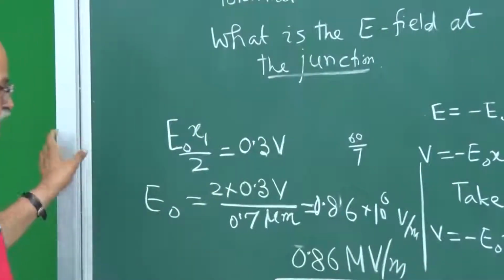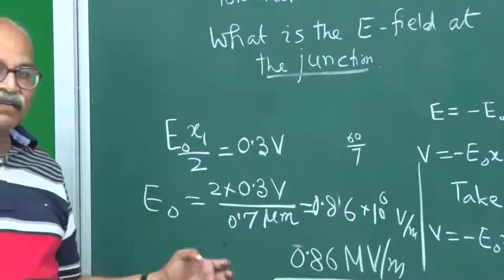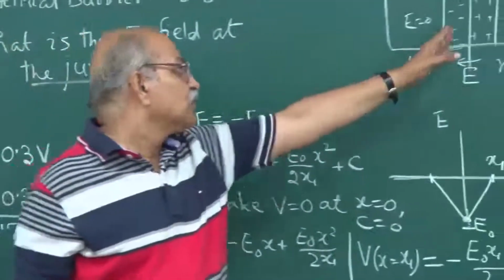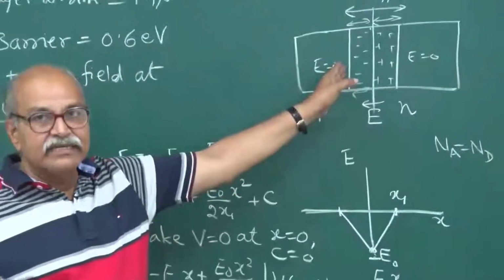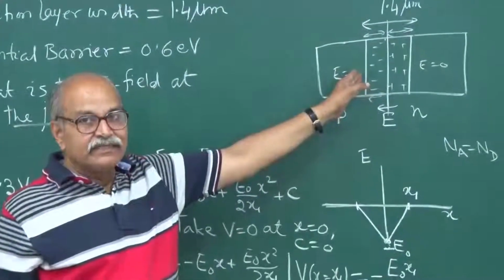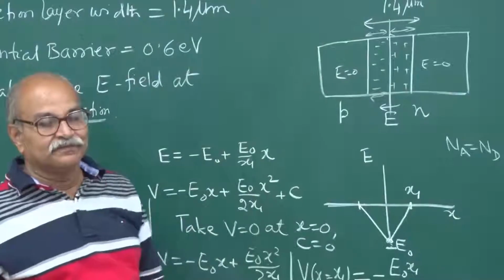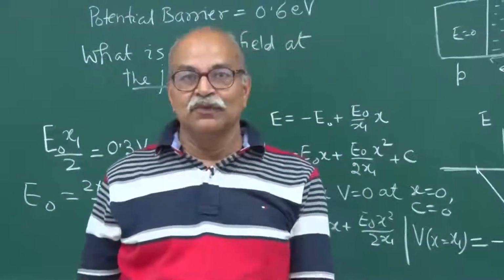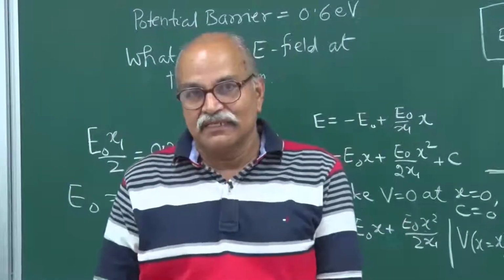That's the maximum magnitude of electric field which exists at the junction. And then as you go on this side or this side, it linearly decreases to 0. Alright, so we will stop here, and next time we will do some special p-n junction diodes.